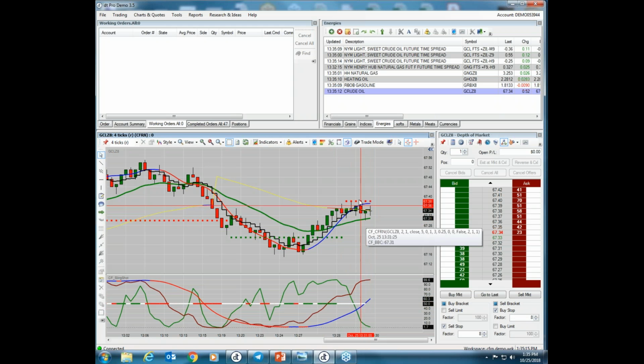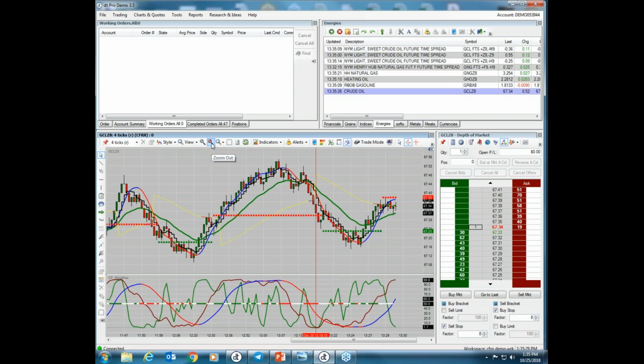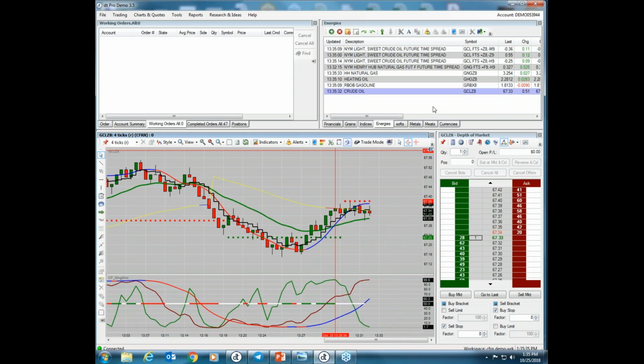Concerning red resistance dots. This would be a bullish close. This would be a candidate for a long. But again, zoom out. We're just in one big sideways channel, so I'd be really careful of that one.